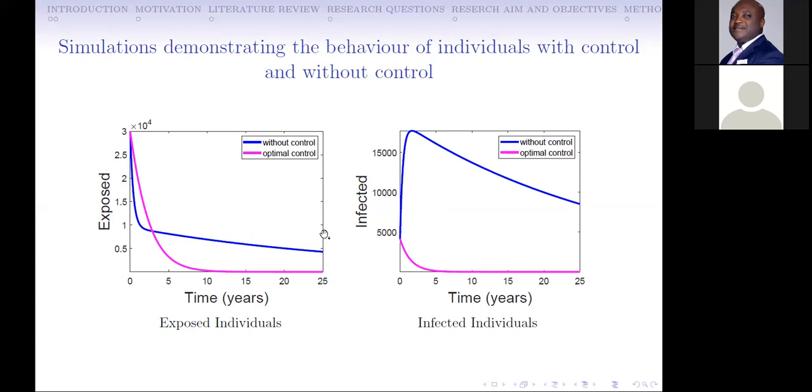Without control, the disease spreads, and with optimal control, there is elimination of the disease. Our main objective here is to minimize the total number of exposed and infected individuals, which has been clearly shown from this figure.